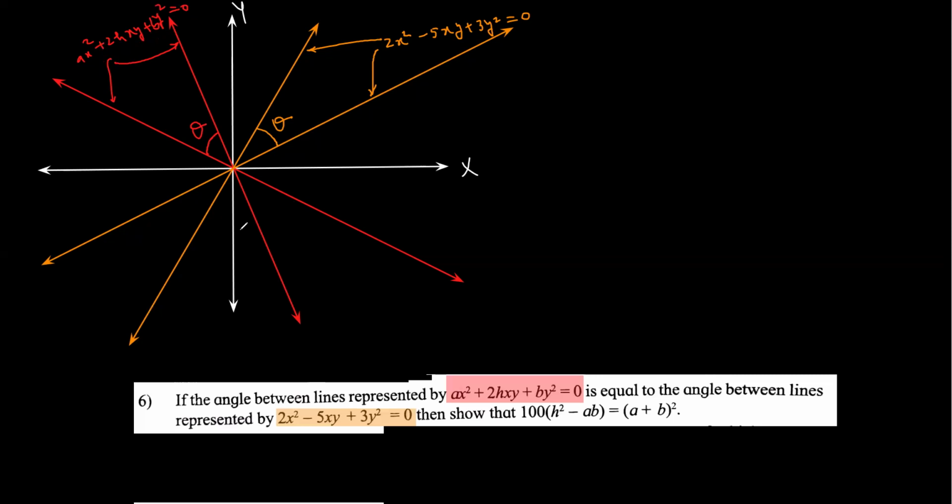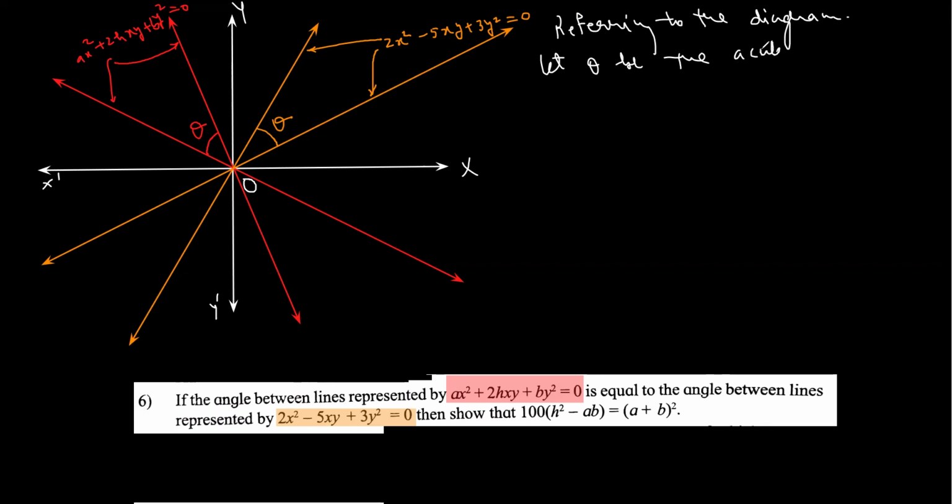So here my solution starts. I will start with my solution. I'll write, this is my origin. This is negative of x, negative of y. Referring to the diagram, I write here: let theta be the acute angle between both pairs of lines.